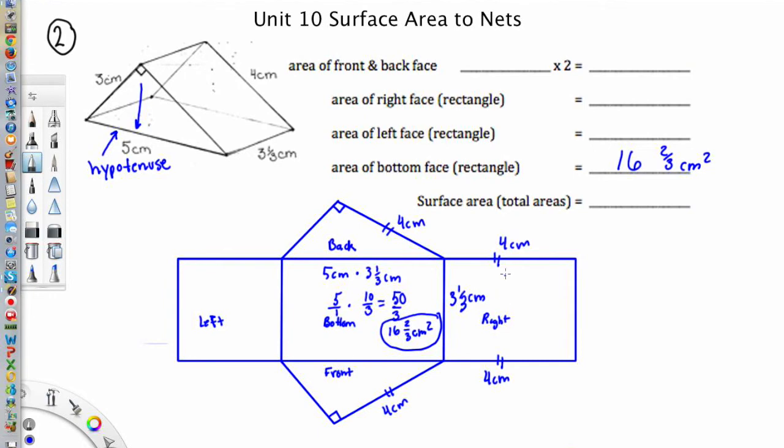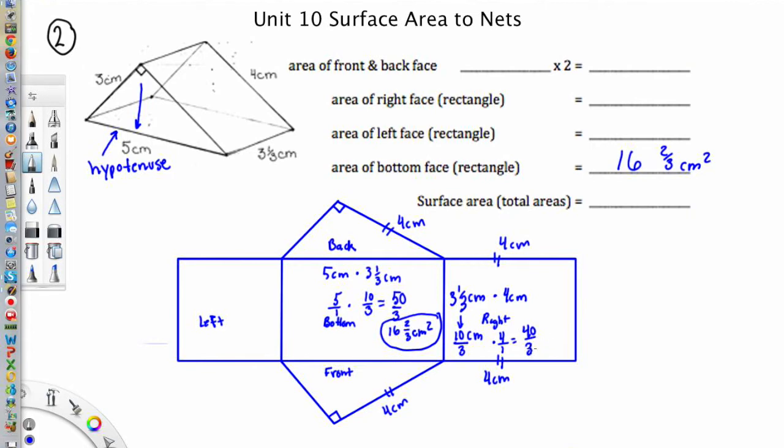Okay, so we have a 3 1/3 times 4 centimeters. We will change this once again to, I'm just going right down here, 10/3 centimeters times 4/1, which will give us 40/3.